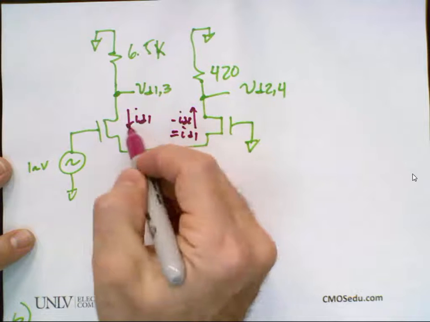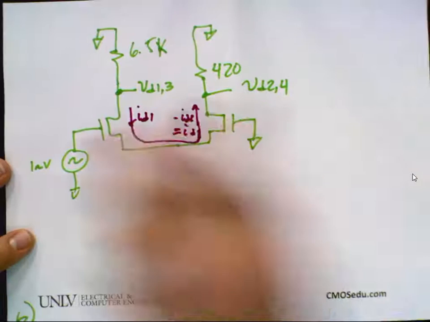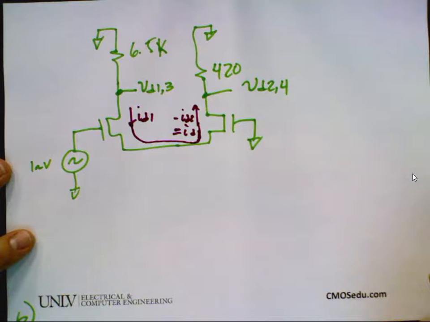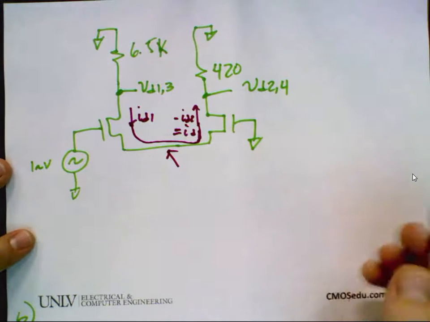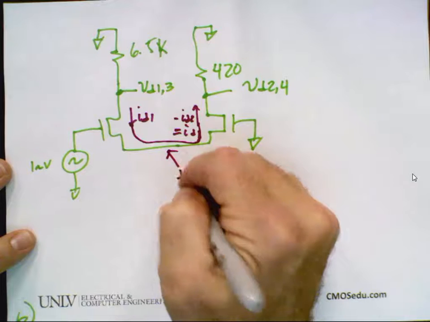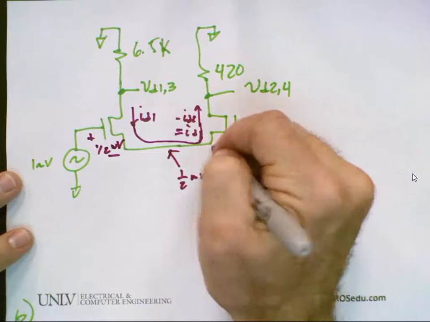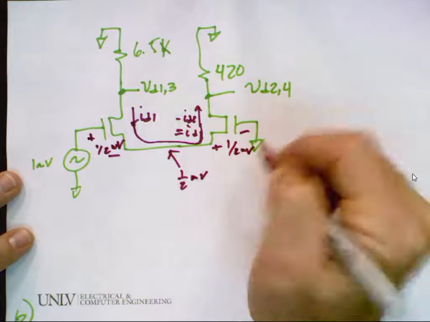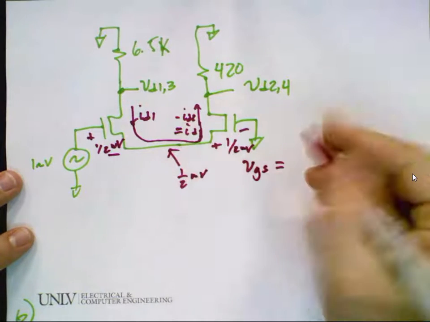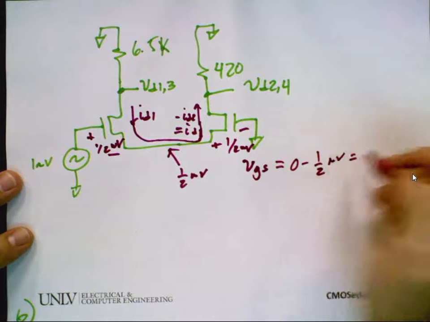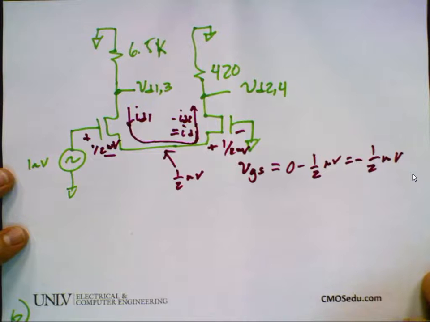So this current goes up, this one goes down, this one goes up, this goes down. Any questions? Knowing these VGSs have to be equal and opposite, I'll write this voltage as 1/2 millivolt. The voltage from here to here is 1/2 millivolt, which means VGS equals 0 minus 1/2, or minus 1/2 millivolt. Everybody cool with that?